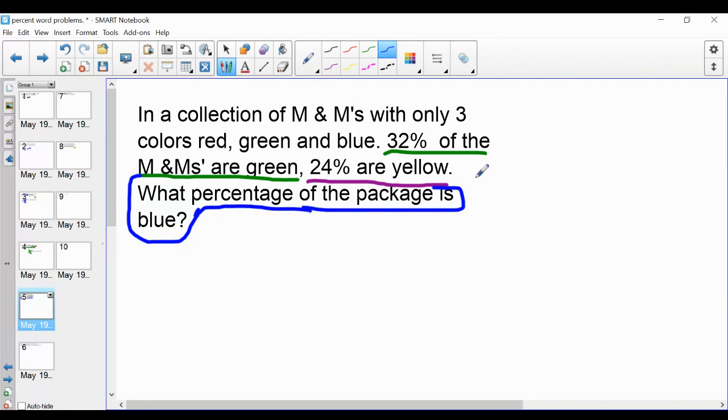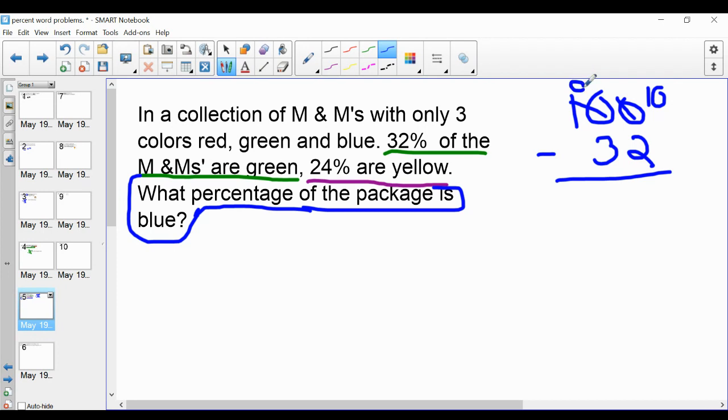Now again, percentage or percent is out of 100. So you can do it a couple of different ways. You could either subtract 100 minus 32, ten minus 2 is 8, 9 minus 3 is 6.